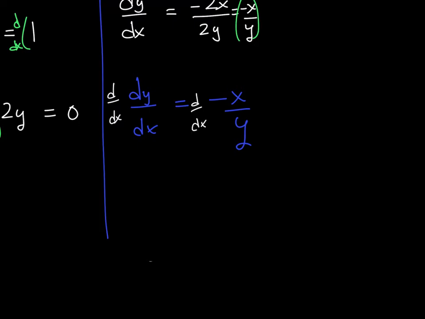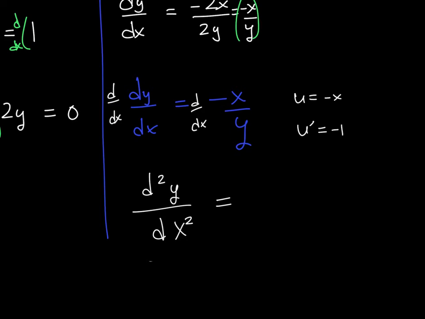When I do that, I am now left with the second derivative of y with respect to x squared is equal to, now I need the quotient rule. My numerator is negative x, the derivative of my numerator is just negative 1.